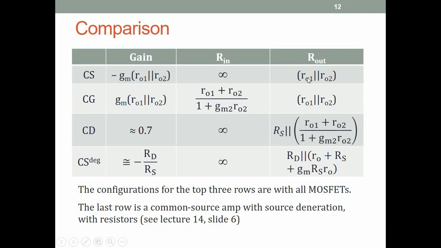The output resistances are high for common source and common gate and very low for the common drain. The output resistance for the common source with source degeneration can also be very high. It is RO plus RS plus gmRS RO.